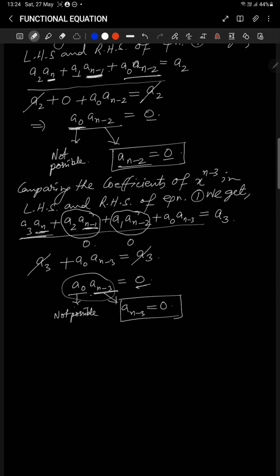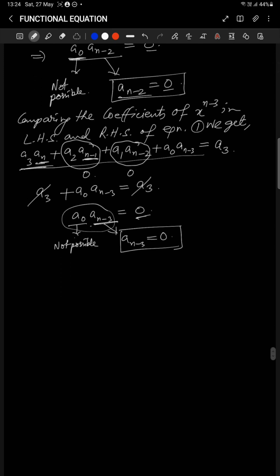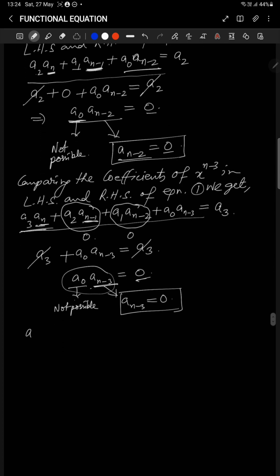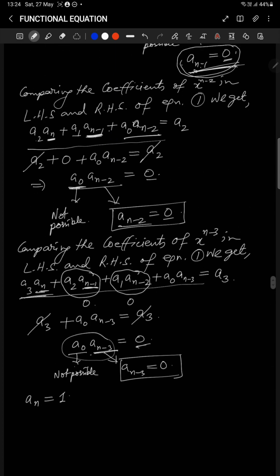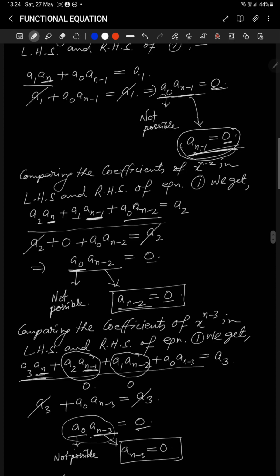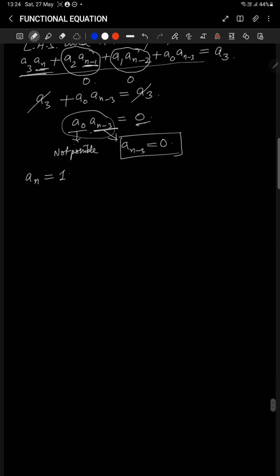So like that if you keep on finding, then up till what we have started from, let me just write one by one. a n was equal to 1, and after that a n minus 1, a n minus 2, a n minus 3, dot dot dot.